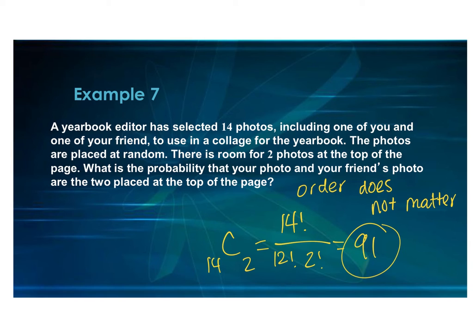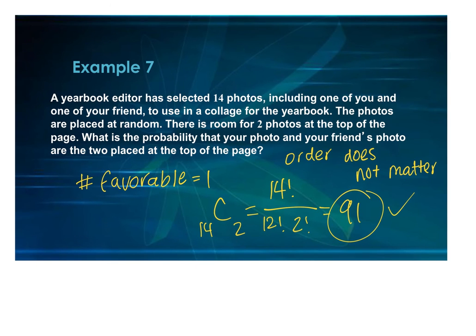Carlos. Are we looking for probability? Oh, you are. Whoops. So, we're doing what is the probability that the photo and your friend's photo are the two placed at the top of the page. One favorable outcome is the one chance that ours and our friend's are up there out of the 91.